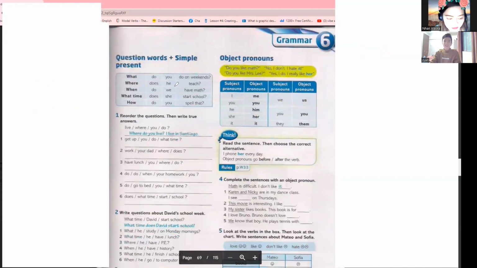It is so easy, but I don't know how to explain it. These are the words that we use to ask a person a question. Right, question words are simply the words that we use to ask a question.